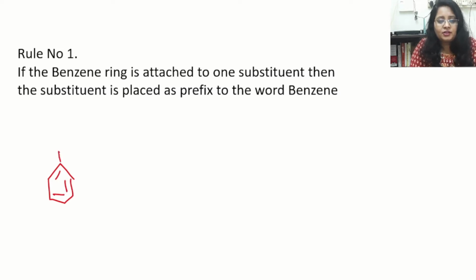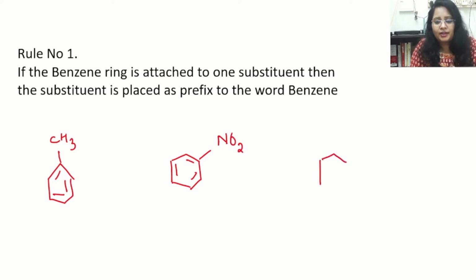If there is only one substituent like this, or we can say we have a benzene ring with one substituent like this, or we can have one substituent like this. If we have a condition like this, then how to name this? We only need to use the prefix of the substituent before the benzene.